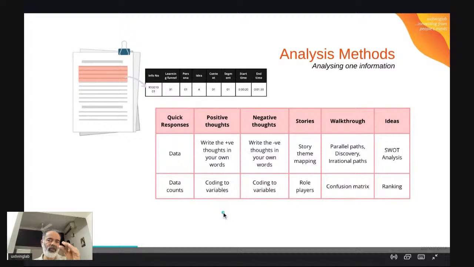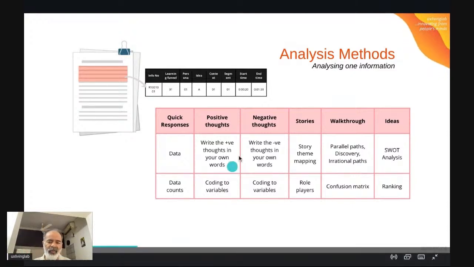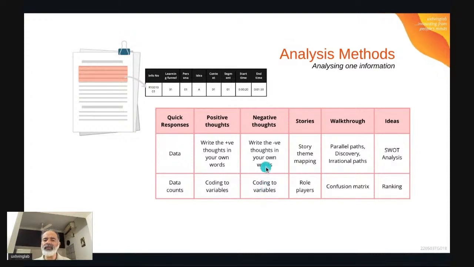So the positive thoughts are coded: okay, this is a good design, so you can classify it as good. Another says this is a bad design, so you can classify it as bad. That is coding. Also write the negative thoughts and code the variables. Okay, this is the way to start.